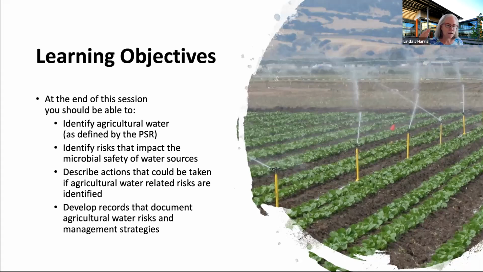And then our learning objectives really flow around that: being able to identify risks of microbial safety in your water sources and distribution system, being able to understand what kind of actions you could take to reduce those risks, and then what you can do to record those things that you've identified and your management strategies.